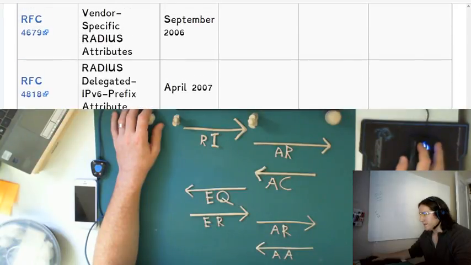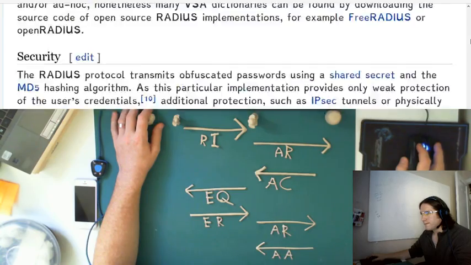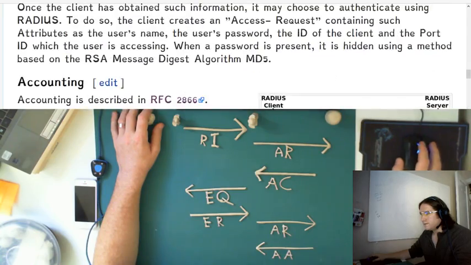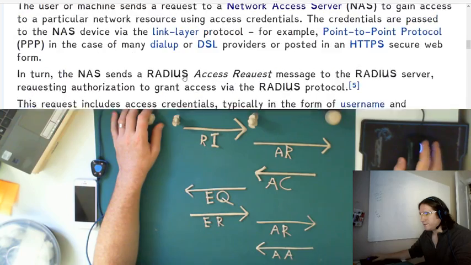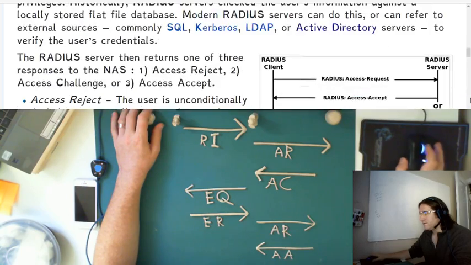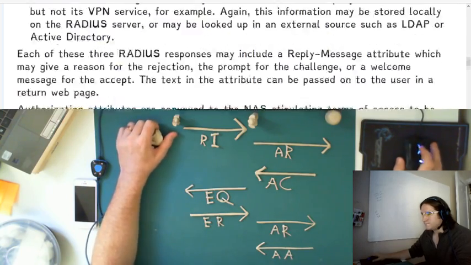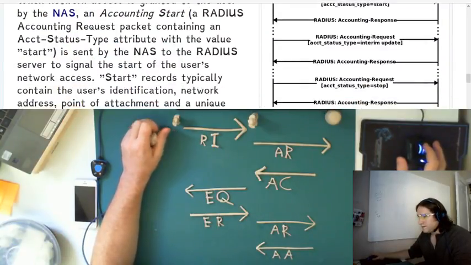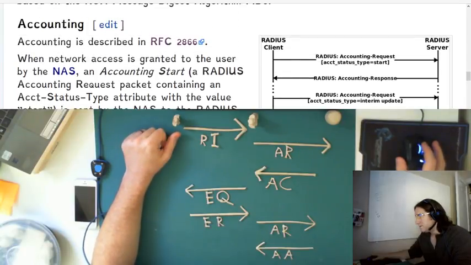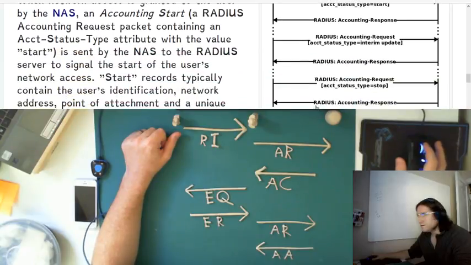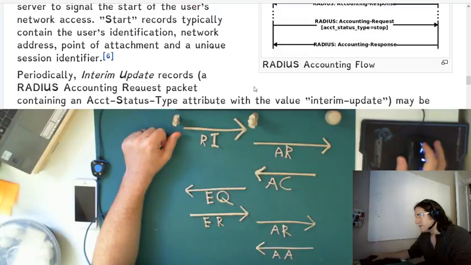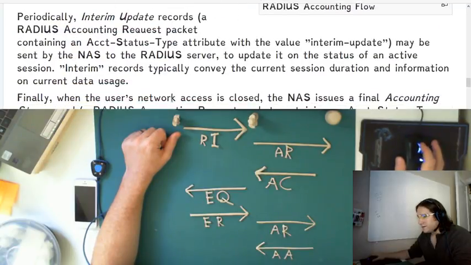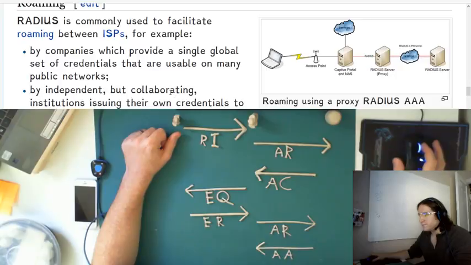So I need to know the packet structure and accounting. I did the authorization access requests, I think this is easy. Start, request, interim update, response. Yeah, I don't need accounting. Roaming I do need.